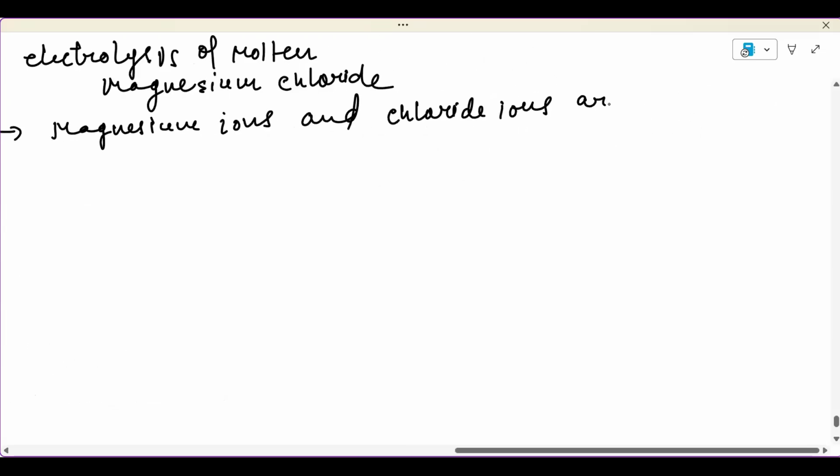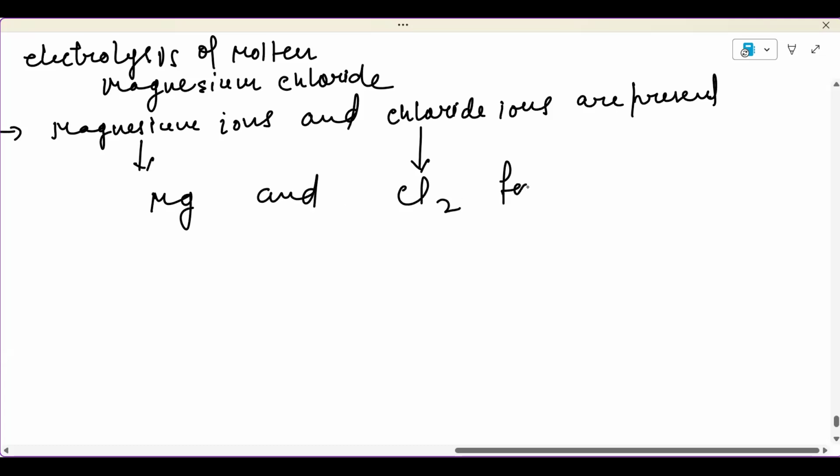Then the products would be magnesium and chlorine. The ions are Mg2+ and chloride ion.